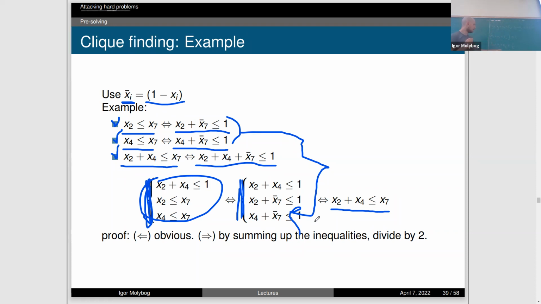Therefore, this left-hand side cannot take the value of 2 because it would violate the constraint, and the biggest value that this left-hand side can take is 1. Therefore, x2 plus x4 plus x7 bar is less or equal to 1. And then we just use this third bullet.